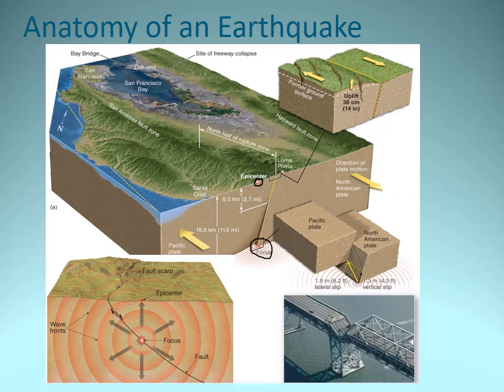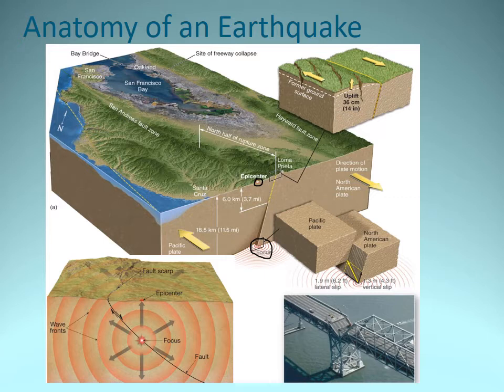Other times you'll hear terms like P waves and S waves. P waves are the primary waves of earthquakes, and they're the first waves that emanate from the earthquake. They shake the rock horizontally, they push and pull rock.